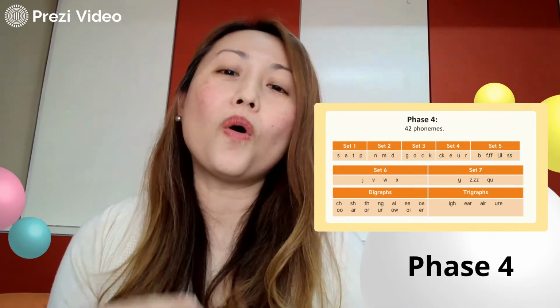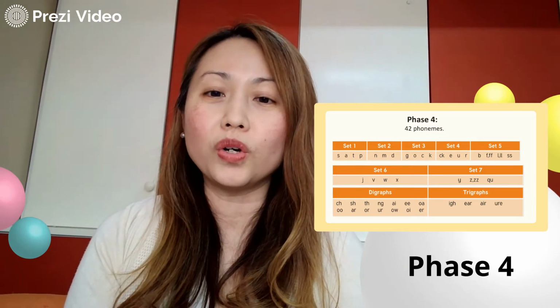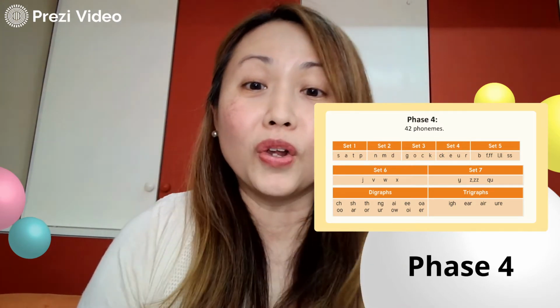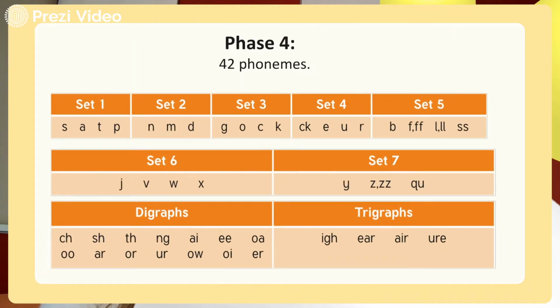So phase 4 is a consolidation of what your child or your students have learned throughout, and basically it is done in stages so that you're able to track or monitor how much your child or your student have learned, and hopefully at this phase they're able to identify all 42 phonemes. Let's have a good look again. So if you notice, it's a consolidation of single sound phonemes as well as the beginning of digraphs and trigraphs.